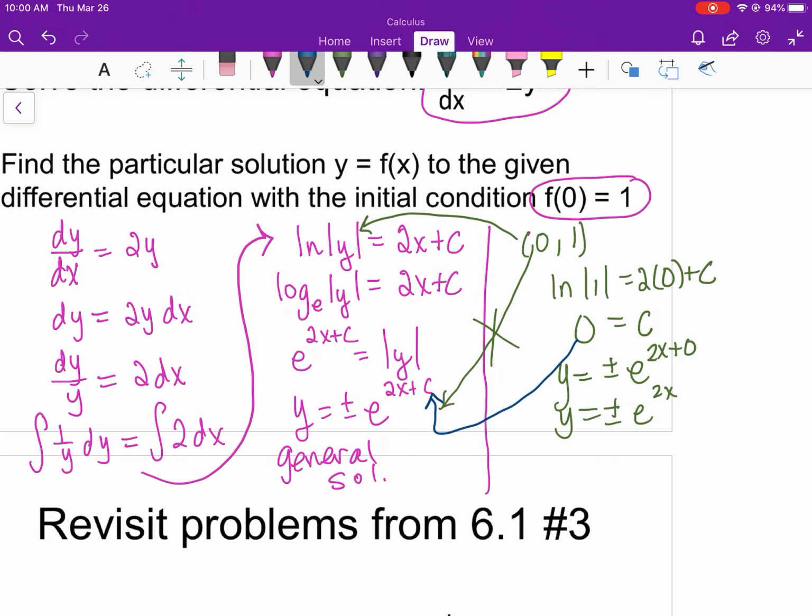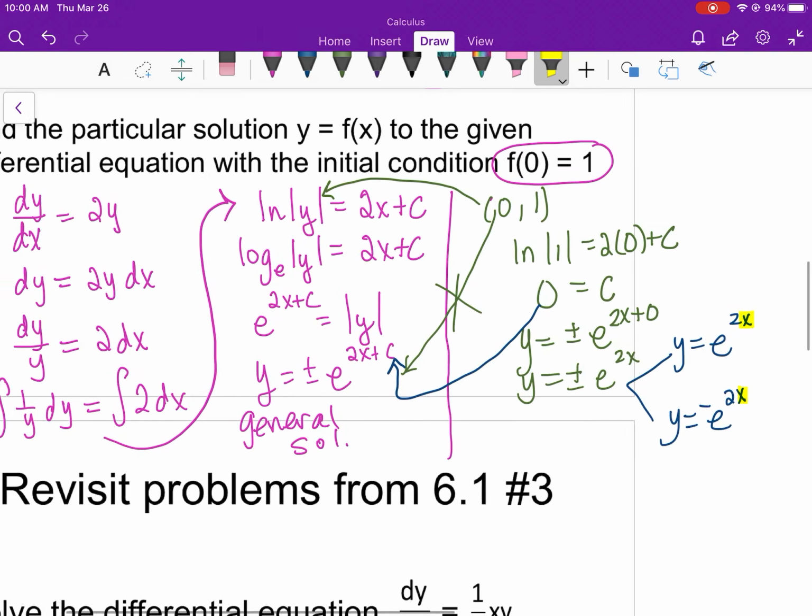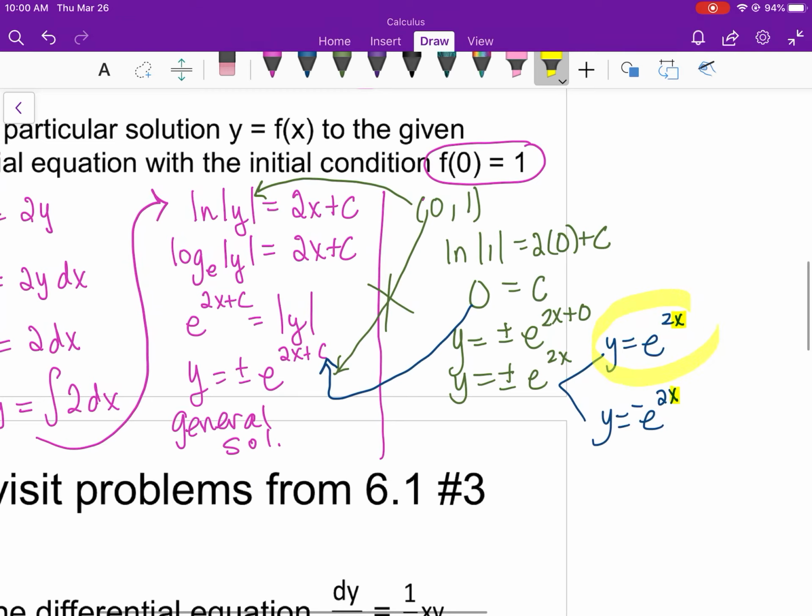And so you have to figure out which one of these equations contains the ordered pair 0, 1. So if I plug in 0 for x, either here or here, which equation is going to give me 1 back for an answer? Well, it's this one. So our particular solution now is y equals e to the 2x.